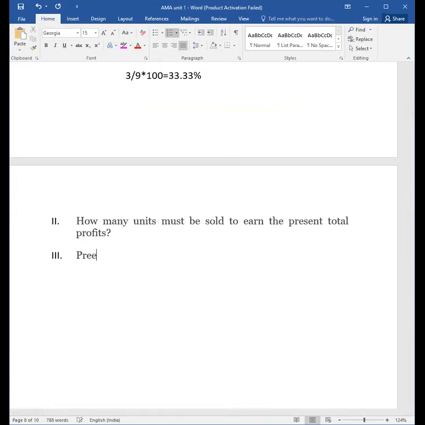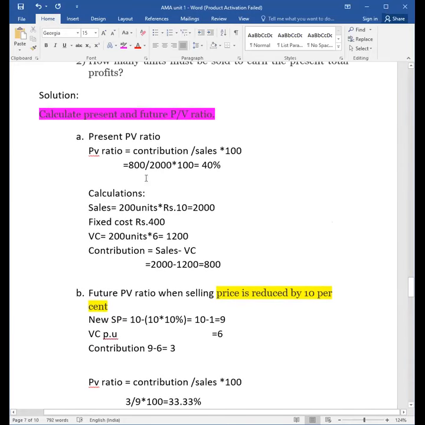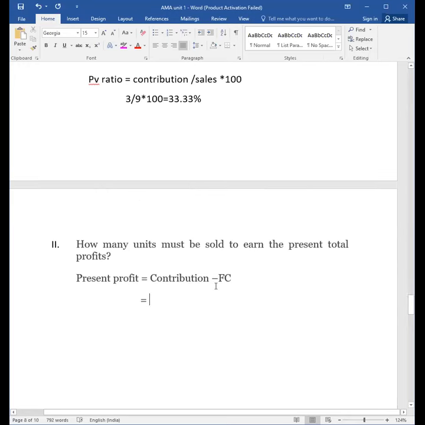Present profit is equal to contribution minus fixed cost. In the current situation, contribution is 800, minus the fixed cost, already given as 400. 800 minus 400 is 400. So the current profit is 400.